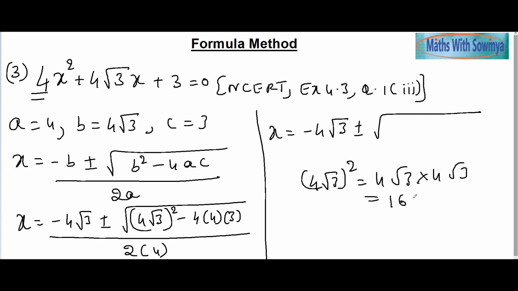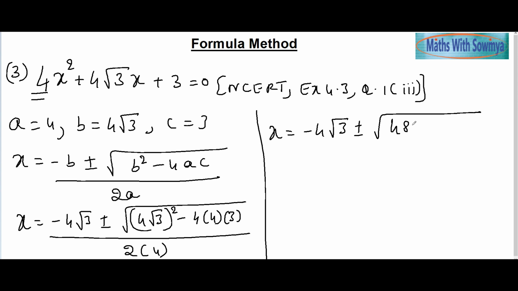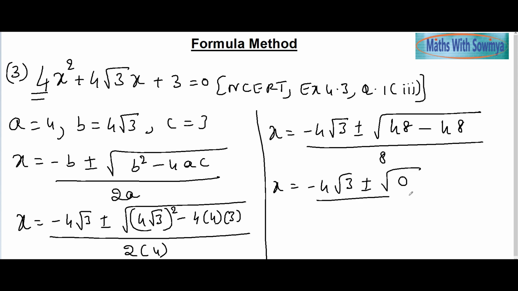So, 4 4s are 16. Root 3 into root 3 will give you 3. So, we get 48 here. So, we write the same thing here. 48 minus, this is 4 4s are 16, 16 3s are 48, divided by 8. This whole thing will give us 0, root 0 by 8.